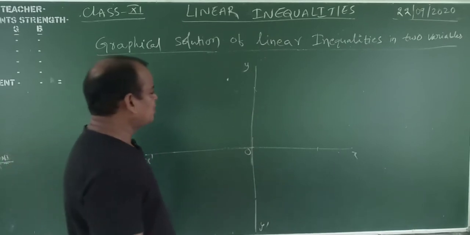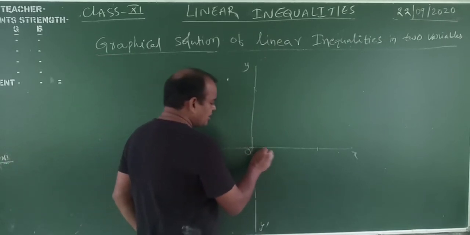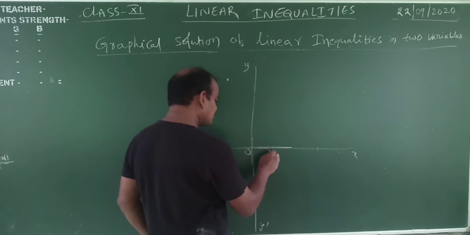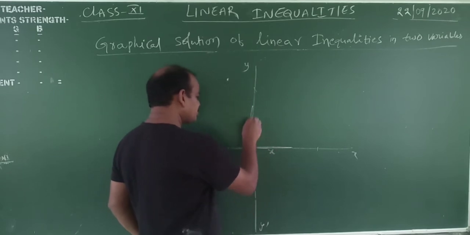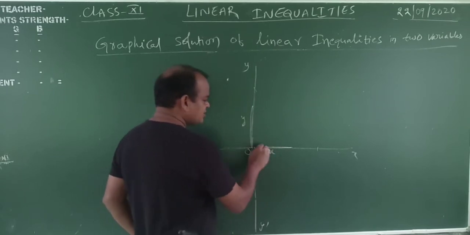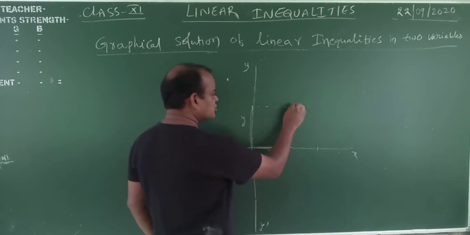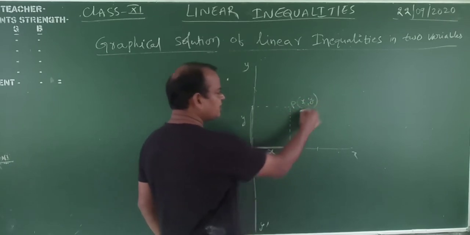Now, one property: suppose the distance from here to here is x, and from here to here is y. Draw a line parallel to this one, and parallel to this. This point is called (x, y).